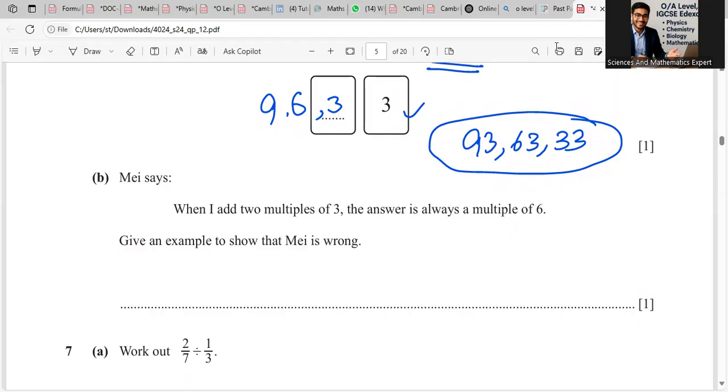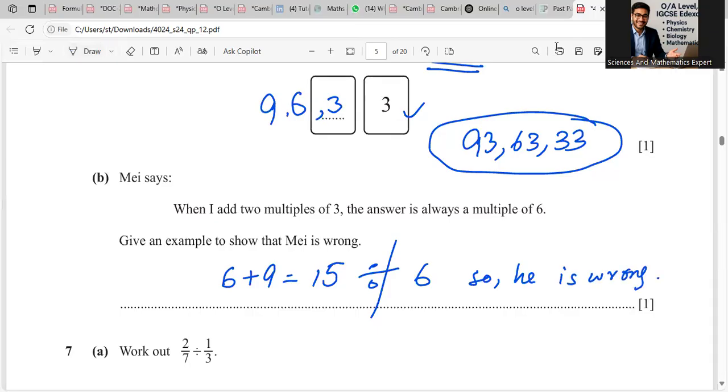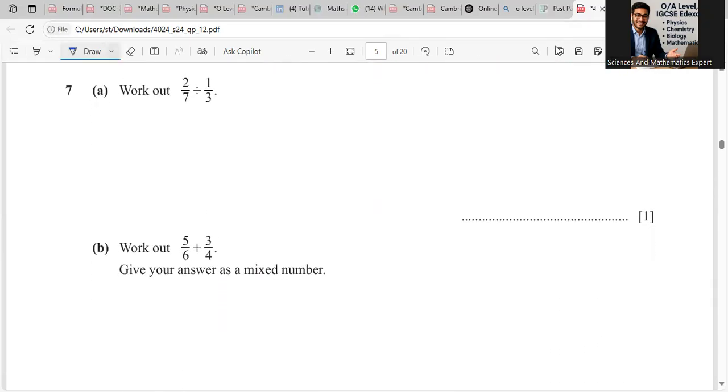If I go with multiples of 3, 6 plus 9, I'm getting 15, which is not divisible by 6. So the statement is wrong.